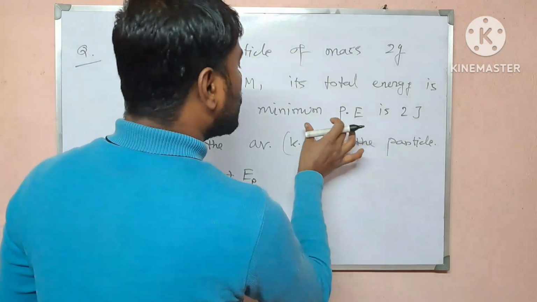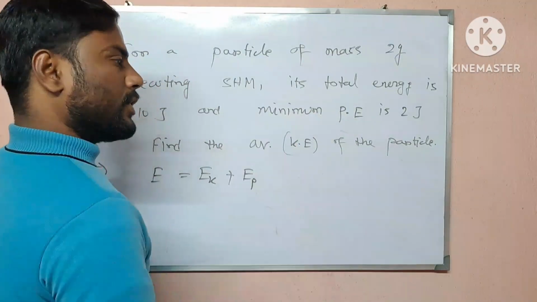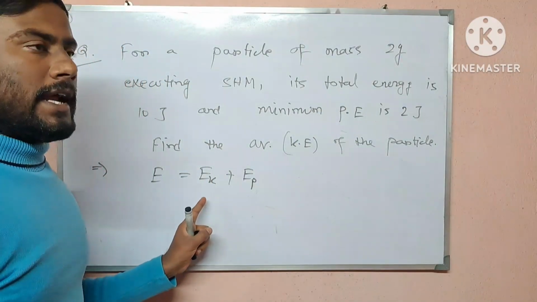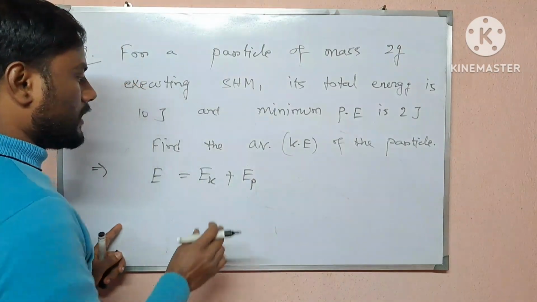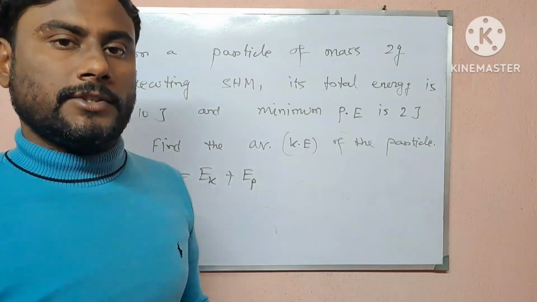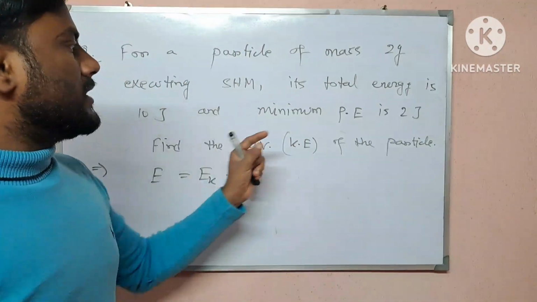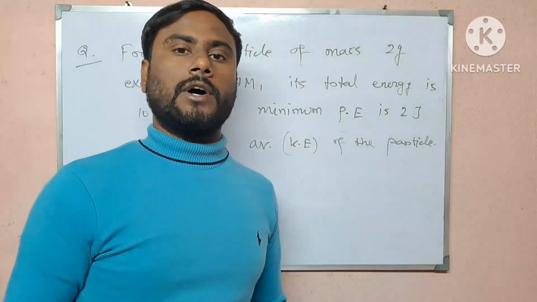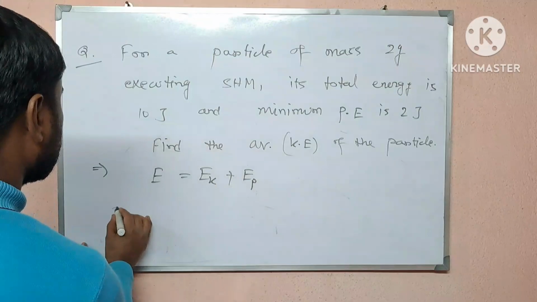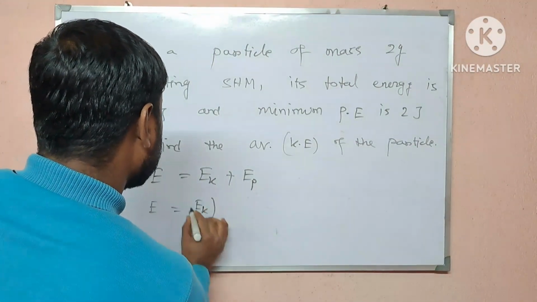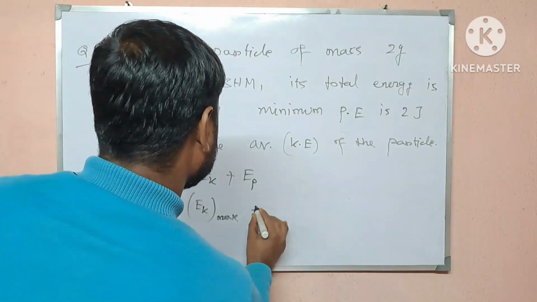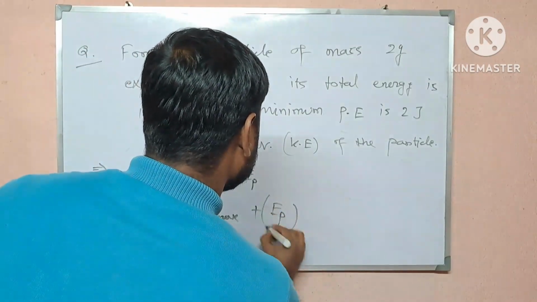So when we use the minimum value of potential energy, then automatically kinetic energy will become maximum, because their sum should be constant. If one reaches its minimum value, definitely the other will reach its maximum value. So we can write E equal to Ek max plus Ep min.